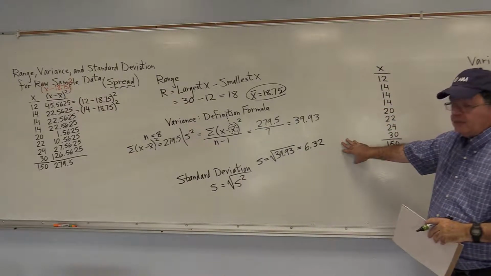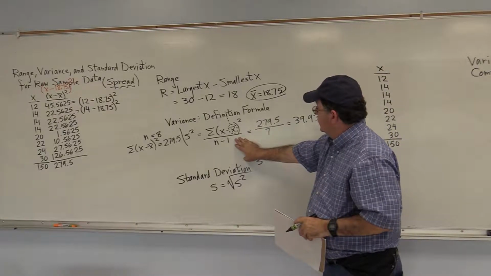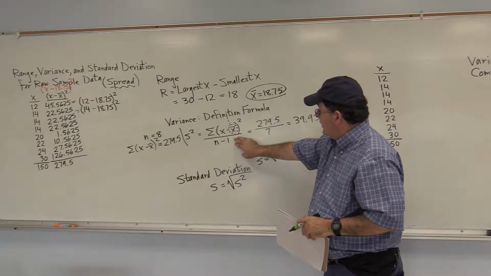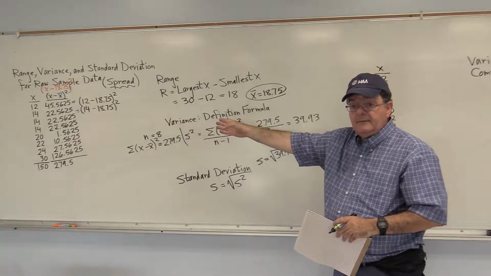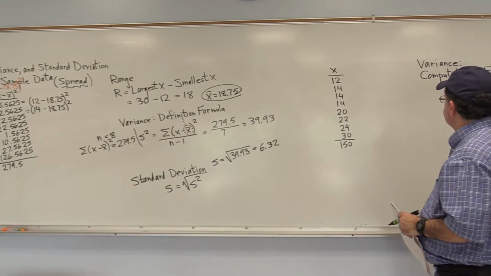Now, that's quite a lot of work, and that's why this formula, while correct and will always get you the right answer, can be rather cumbersome and, as I said, tedious to use.